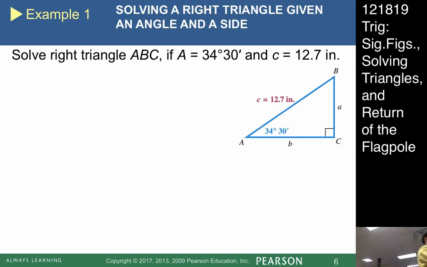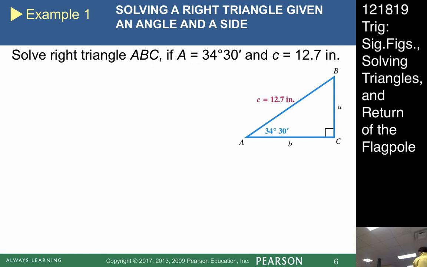So they want you to solve this right triangle, ABC, and they're giving you that A, this angle here, is 34 degrees, 30 minutes, just to be a pain, and that the side is 12.7 inches, again, to be a pain. And they want the lengths of a and b, and they want the measure of angle B.